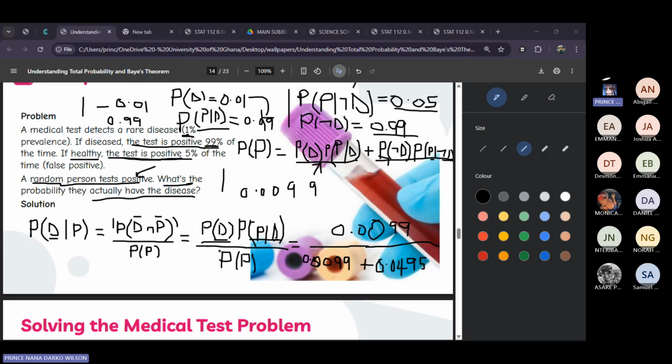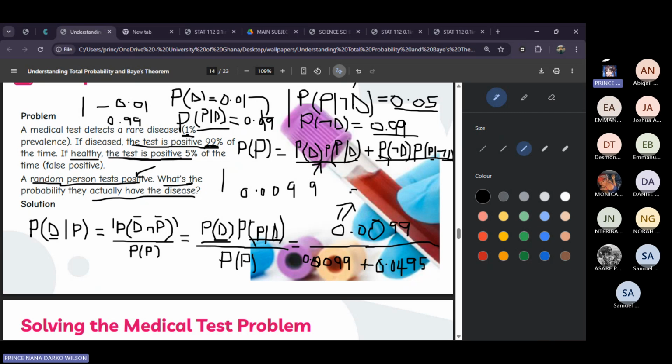Oh, okay. So then the answer to that is 0.166. So yeah, I'll punch it on my calculator here. So then Mr. Desmond is right.